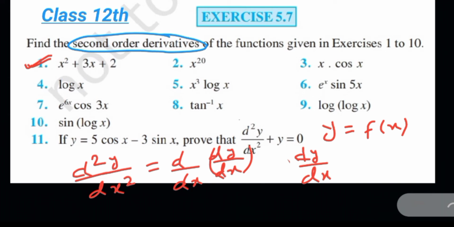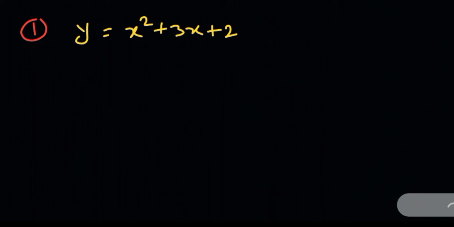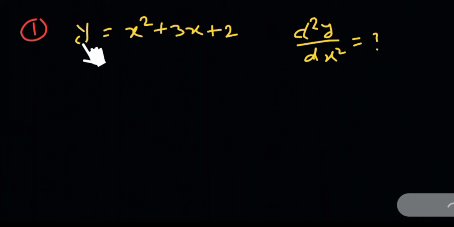Question number 1 is x square plus 3x plus 2. The function is given as y is equal to x square plus 3x plus 2, and we have to find the second order derivative. Second order derivative means d2y upon dx square. First I will derive this function with respect to x.